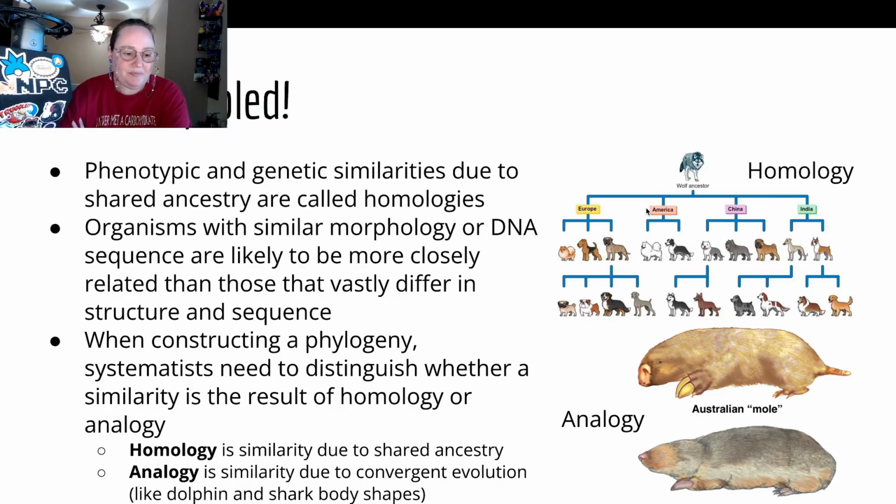Anyway, so phenotypic and genotypic similarities due to shared ancestries are called homologies. Again, this is important. Organisms with similar morphology or DNA sequence are more likely to be closely related than those that are vastly different. For instance, dolphins and sharks.